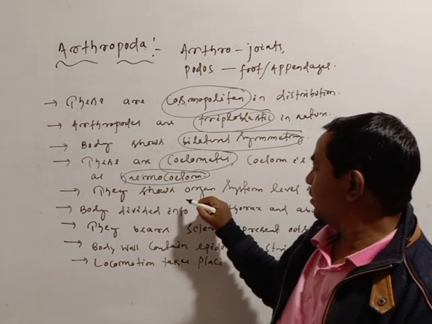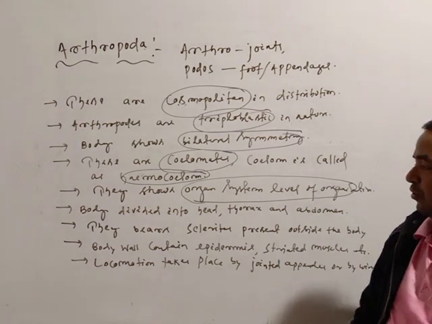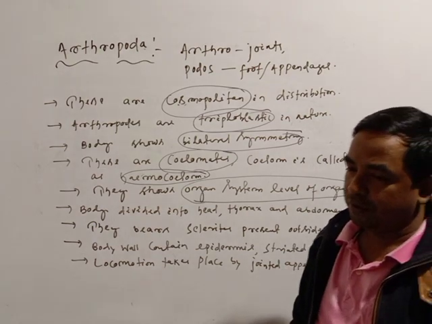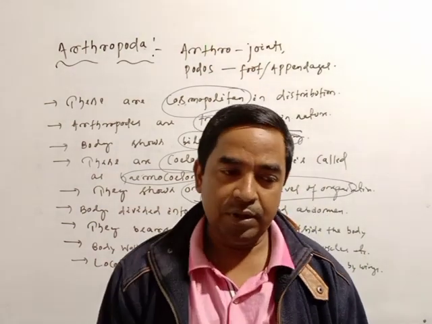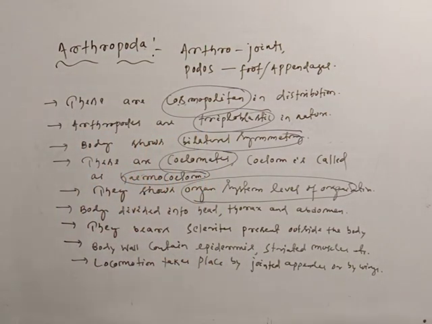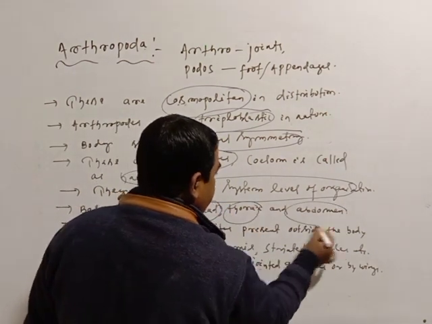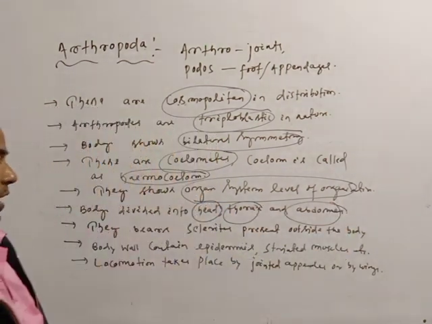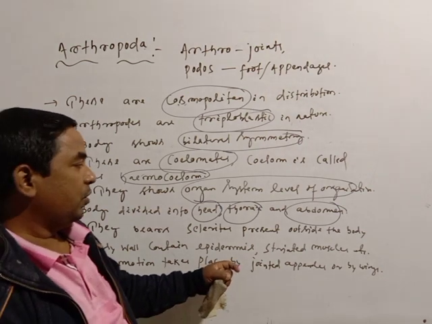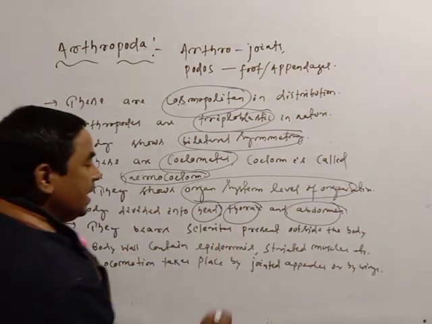Then they show organ system level of organization. Organ system level of organization means a particular physiological function is assembled with a group of organs for performing its activities. Now, body divided into head, thorax, and abdomen. Abdomen means the lower body part, thorax means chest region. They bear sclerites.